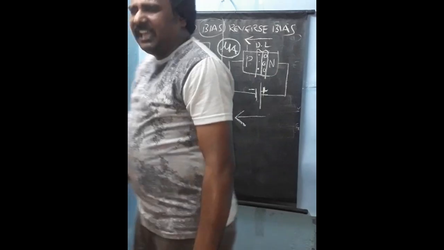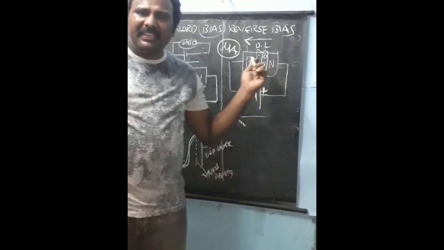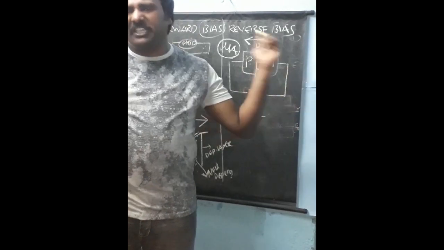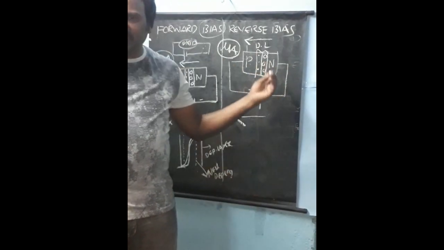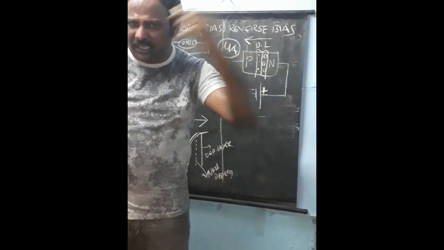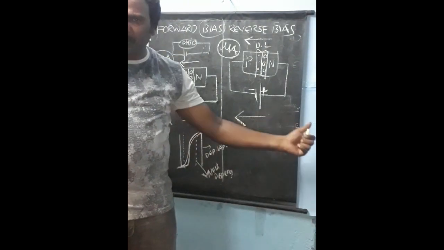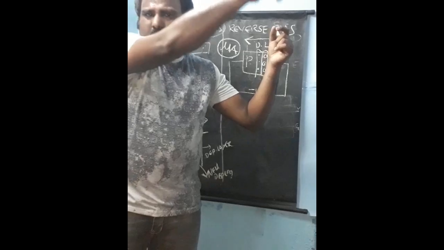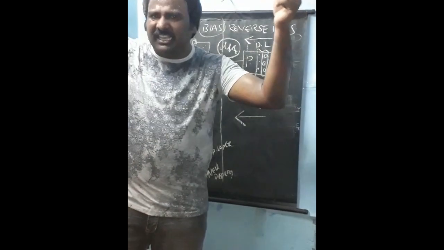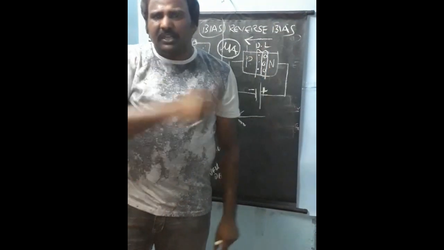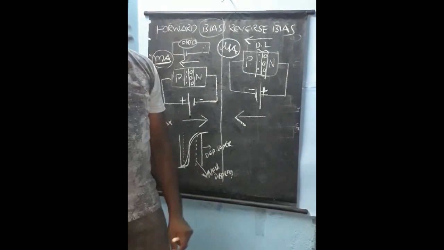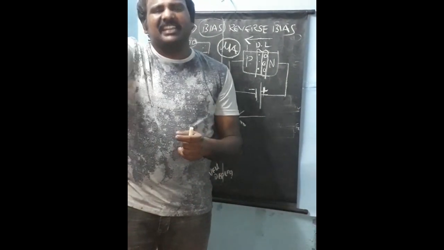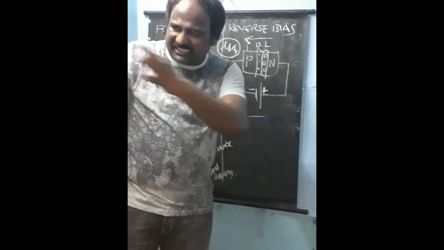So once again, in reverse bias, P is connected to the negative terminal and N is connected to the positive terminal. So the direction of the electric field is from positive to negative. The battery direction will be from positive to negative, and in the depletion layer, the direction will be from holes, which are positive, towards electrons, which are negative. So both electric fields are in the same direction.